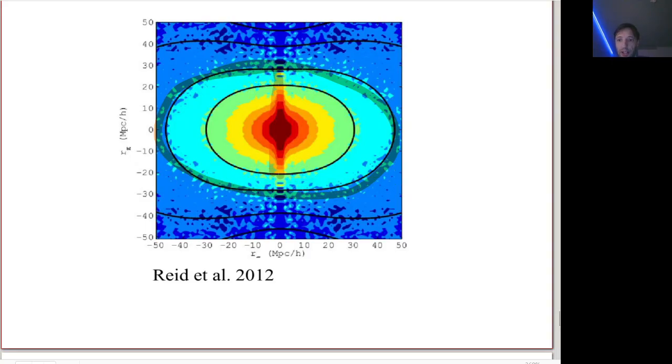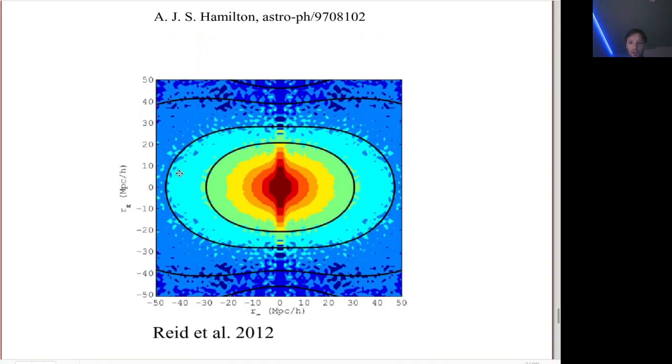Then you have the regions with the squashing, and then you have the region where you have the elongation along the line of sight. This would be the fingers of God.